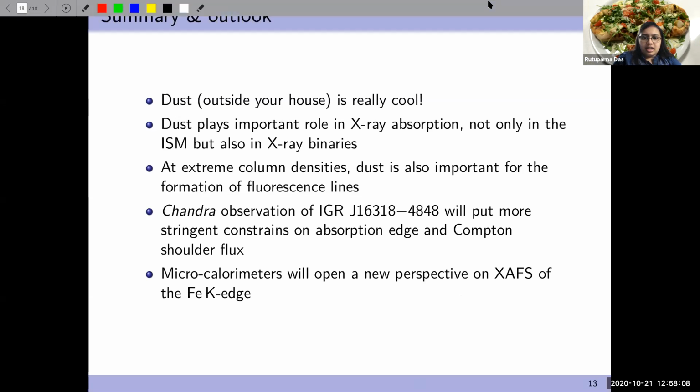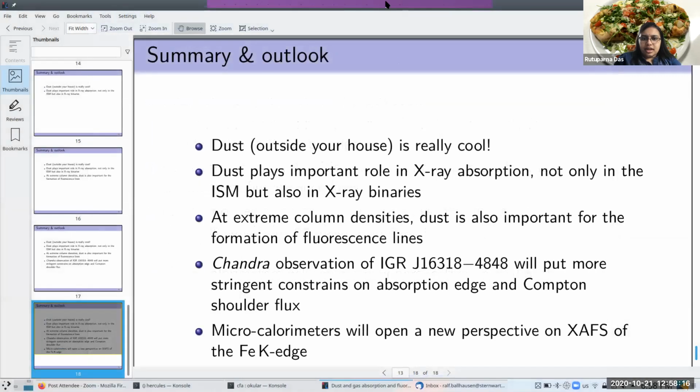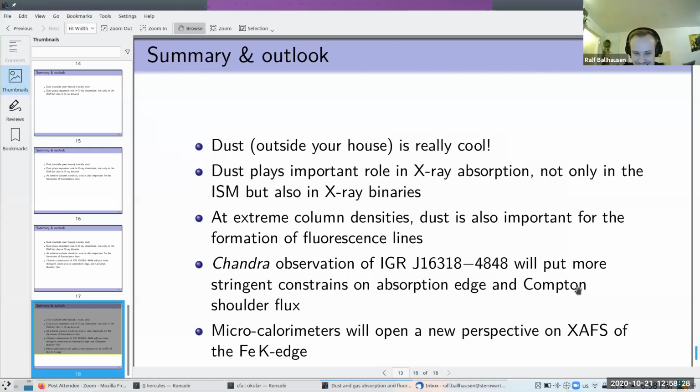Okay, maybe I have to... I should probably keep sharing. I was looking for the chat box. Sorry. I don't see anything yet. Yeah, I don't see any either.